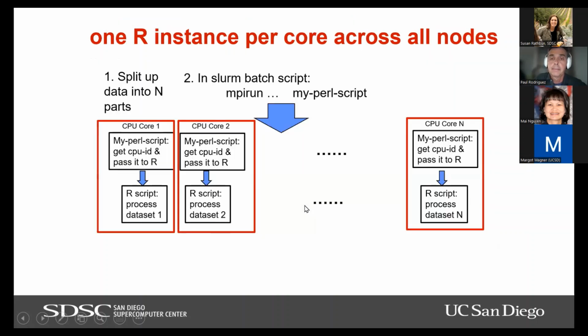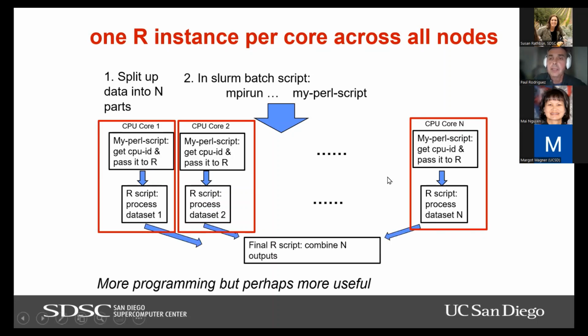Okay. And it's going to look visually something like this. And the main thing you have to keep in mind when you have a bunch of instances processing your data set that's been broken apart, you're going to want to have some final script that combines your outputs.